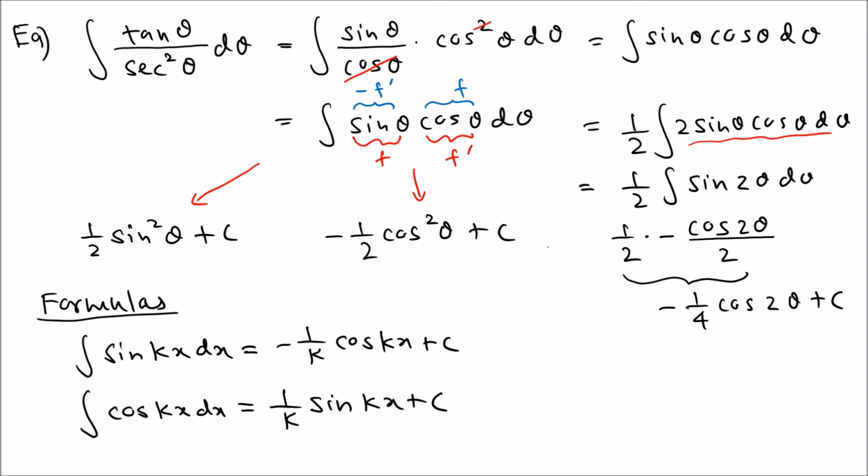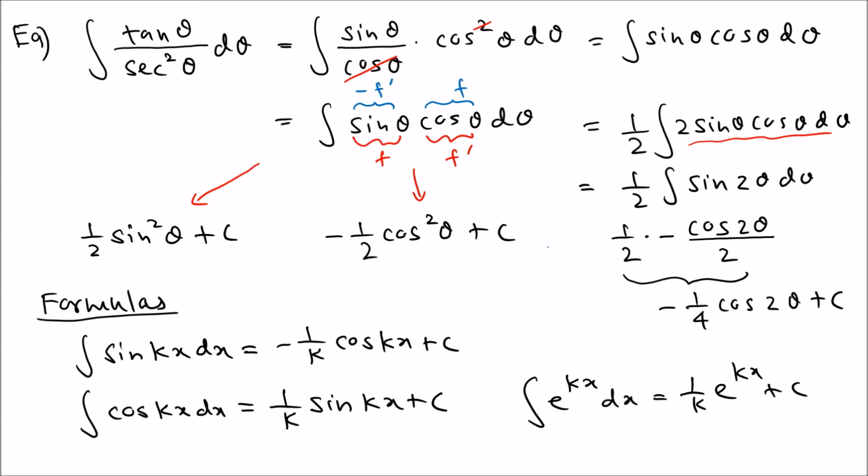And also one for the exponential function e to the kx dx, which is 1 over k e to the kx plus c. So those are the three formulas. These are very common, and we use one of them here.